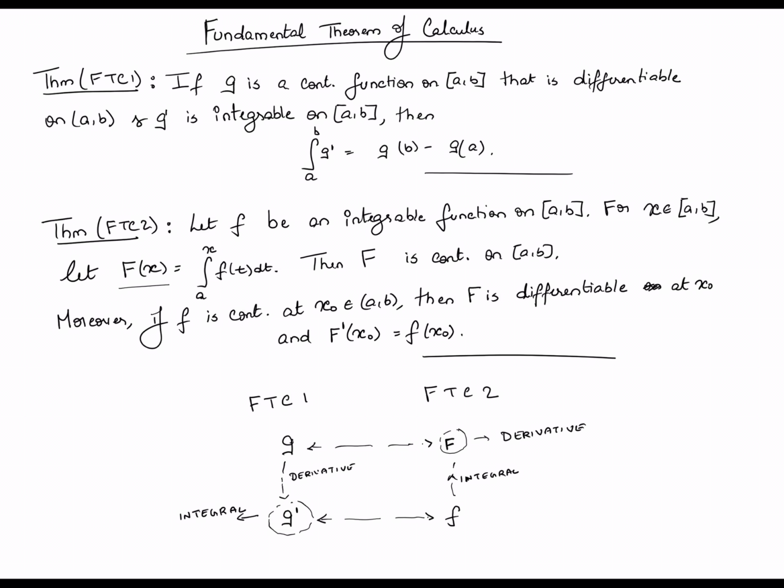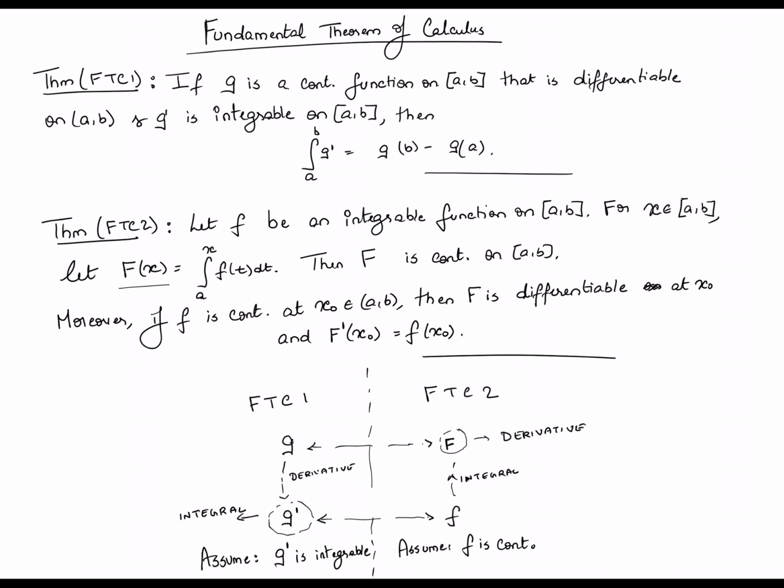However, there is a difference between the hypotheses involved for the conclusion to hold, namely that in FTC1, remember, we assume that g prime is integrable. In contrast, in FTC2, we are in fact assuming that f is continuous, right?